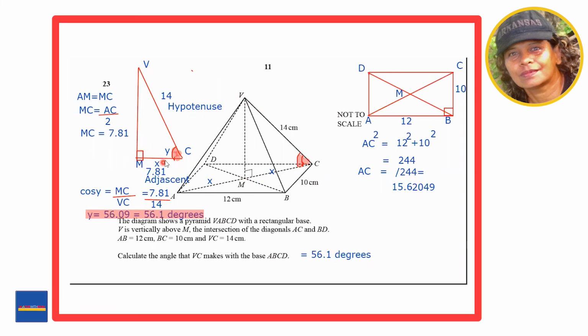We can find the cosine of this angle, which we call Y. Cosine of Y is equal to X over 14. So that is 7.81 over 14. And then Y is going to be cosine inverse of that, which is 56.1 degrees. And that is your answer.